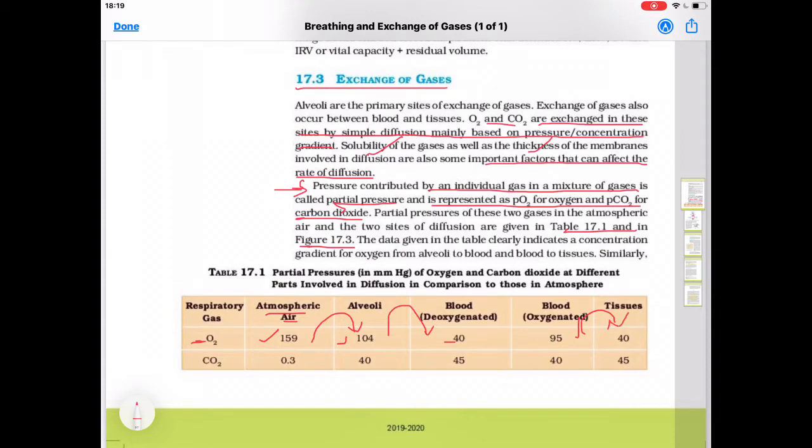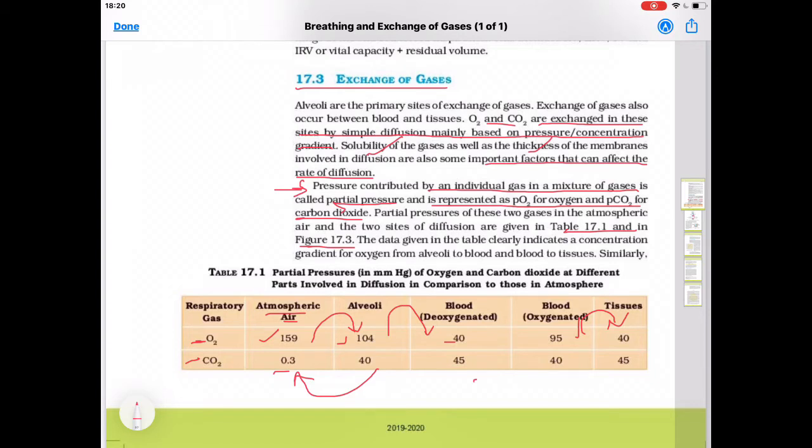Similarly, in case of carbon dioxide, in the air its value is 0.3, but in the alveoli it's 40. So from higher, that is in alveoli, it goes out towards the atmospheric air. Similarly, in the tissue region it is 45, but in the blood it is 40.